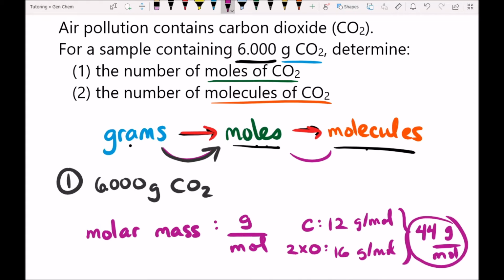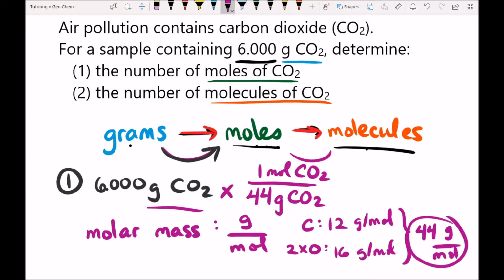It relates grams to moles. So to eliminate the grams of CO2, we divide the mass of the sample in grams by the molar mass, which is the same as multiplying by the inverse of the molar mass. So 44 grams CO2 in the denominator and 1 mole CO2 on top.